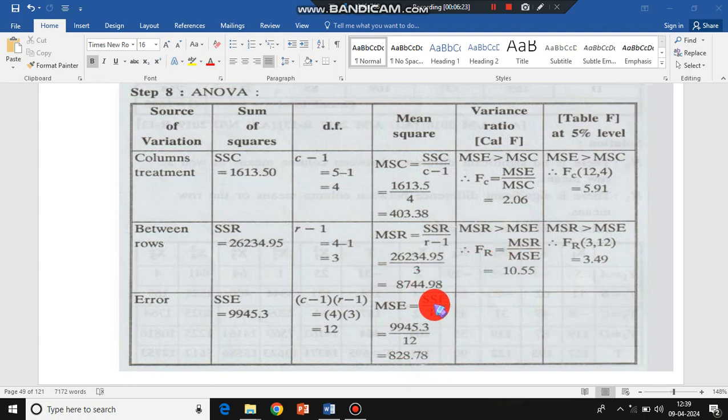Divide this by this, that is 8744.98 divided by 828.78, and you will get 10.55. So the calculated value of F row wise equals 10.55.